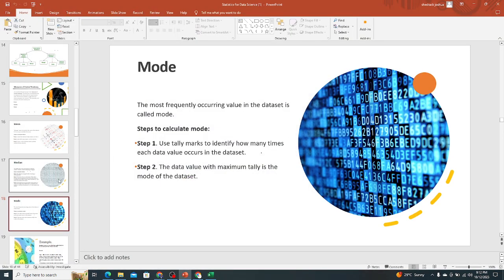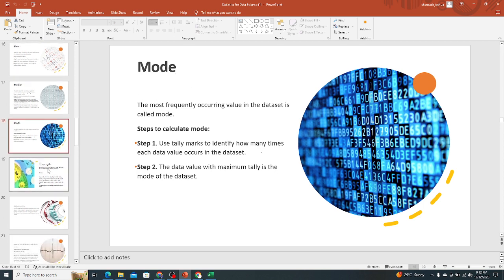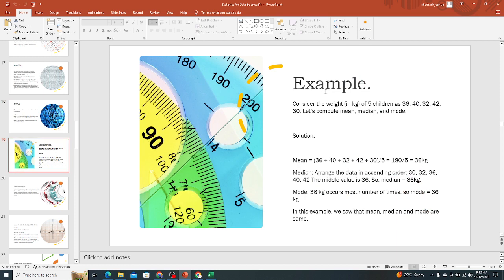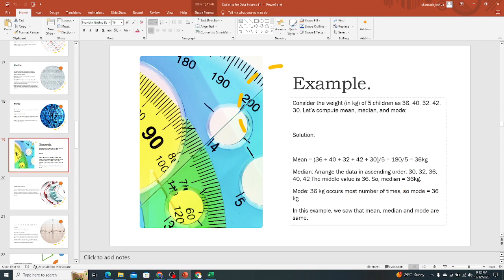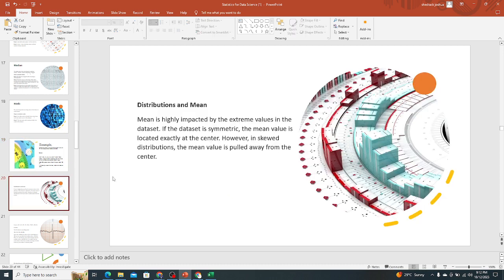Let's continue now. We are done with the measures of central tendency. So you can see now we have some examples. You can go through the examples for mean. We can see this mean is highly impacted by extreme values in the data set.